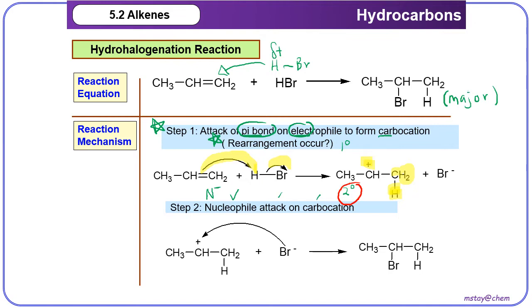So the arrow goes from the Br negative to the carbocation, the carbon with the positive charge here. Then the product 2-bromopropane is formed. So very simple: the mechanism of hydrohalogenation only involves two steps.